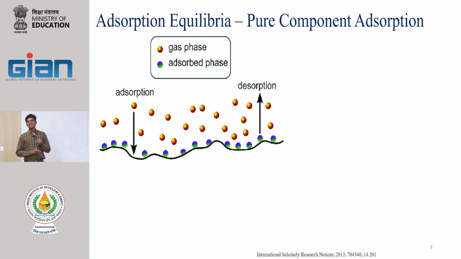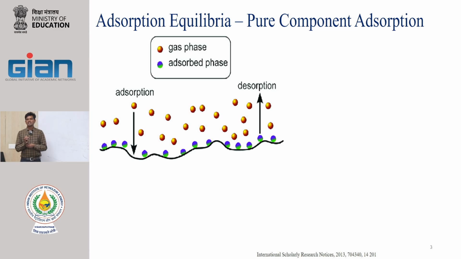Second thing is that once we know the pure gas adsorption isotherms, we can always predict the multi-gas adsorption isotherms based on the pure gas data, with some assumptions, obviously. So this is the reason why we see the pure gas adsorption isotherms all the time, and once it is done, we go for the multi-gas.